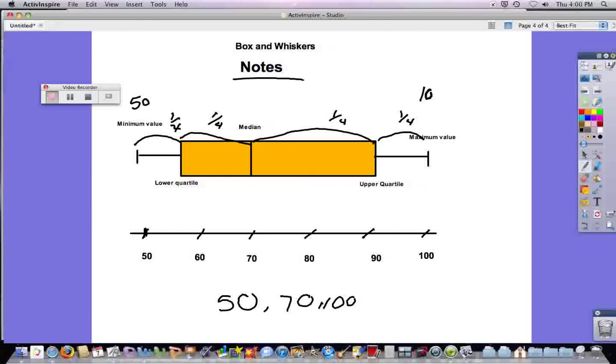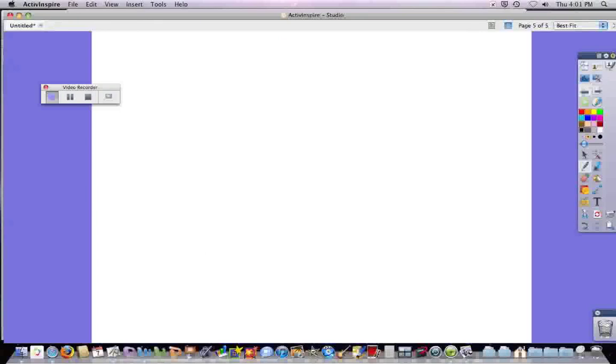It'd go right here. And then my median, the number in the middle, would go right here. And that's the basics. Then for the lower quartile, I'll explain that later in one of the following problems.